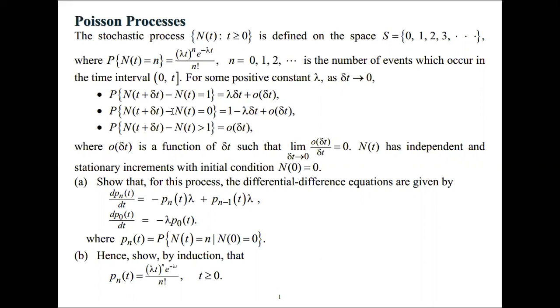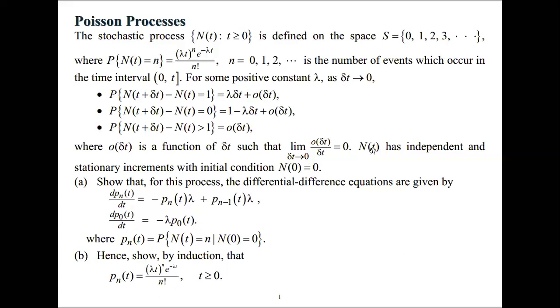And the probability that no event occurs in that time interval is given by 1 minus lambda dt. And the probability that more than one event occurs within the time interval dt is little o of dt, where this is a function of dt such that when you divide that function by dt, as dt approaches 0, this will be equal to 0. We call this little o of dt.